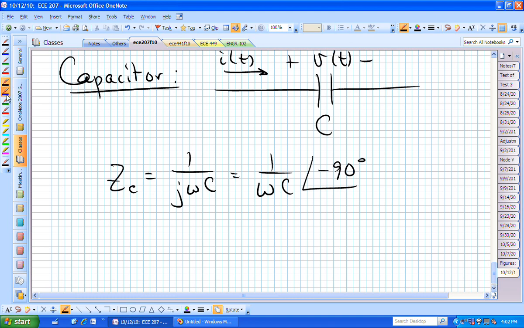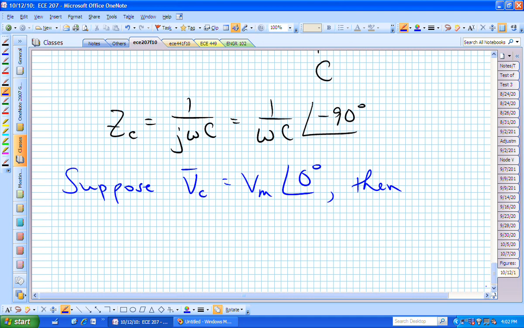Let's now do the same thing that we did before. Suppose that our capacitor voltage as a phasor, let's just arbitrarily say, has a magnitude of V sub m, and it starts at 0 degrees, or that's the phase of the voltage.